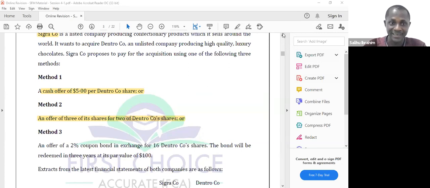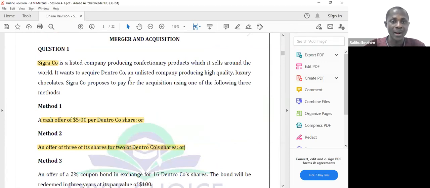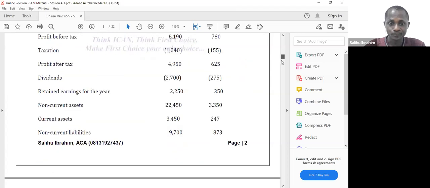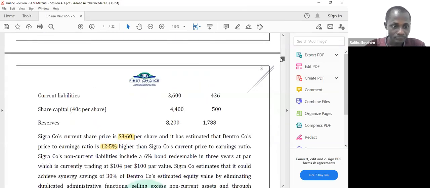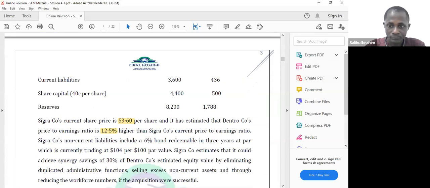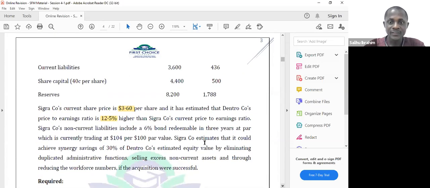It is believed that Sigraco estimates that it could achieve a synergy saving of 30% of Dentroco's estimated equity value by eliminating duplicated administrative costs.